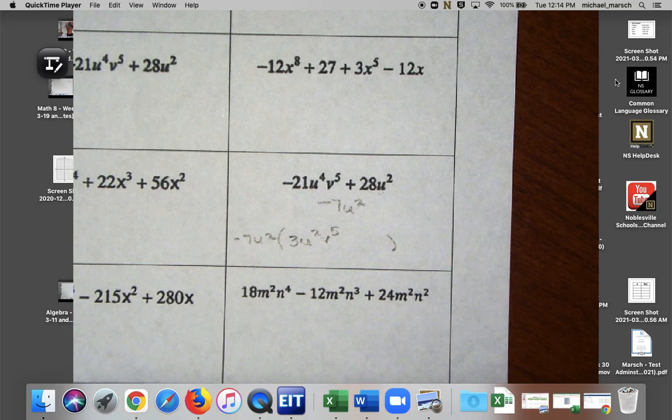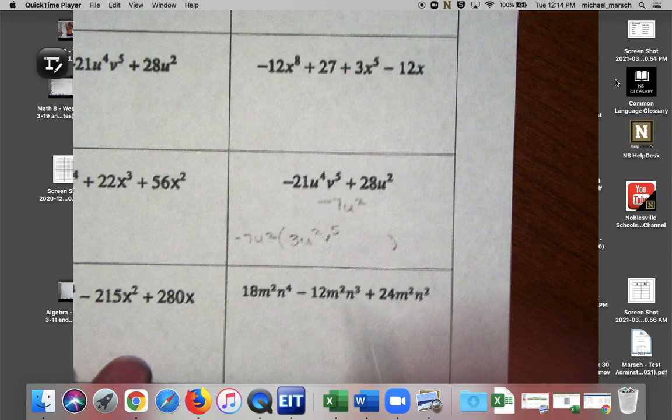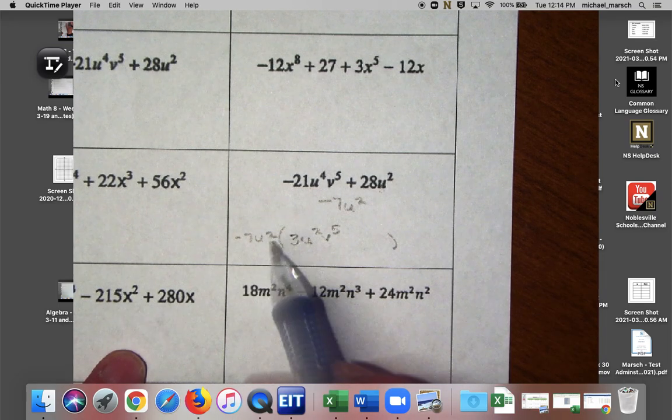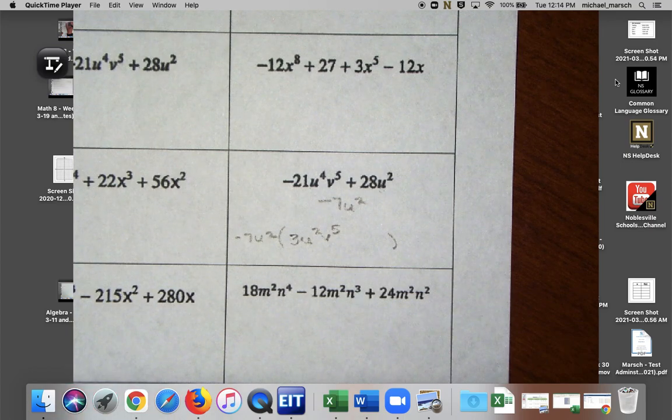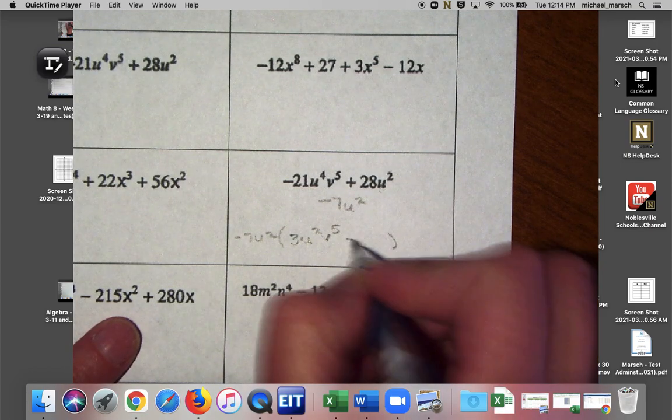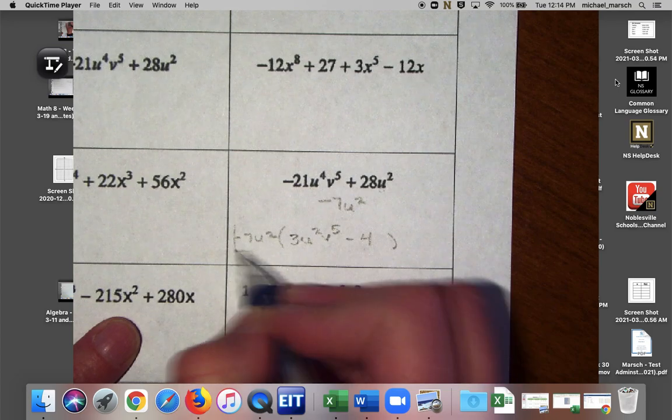And then I just bring down the v to the 5th. It just becomes part of the inside term. And then what am I going to multiply -7 u squared by to get positive 28 u squared? -4. Yep, that's it. And that's my answer.